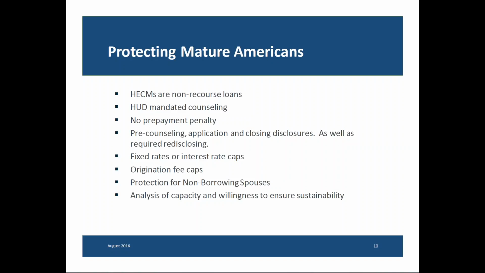Fixed rates or interest rate caps are put in place, and there are origination fee caps. And as I mentioned on the prior slide, there is protection now for non-borrowing spouses. And once again, the analysis of capacity and willingness to ensure sustainability. We want to make sure that they can sustain their lifestyle throughout the entire life of the loan.